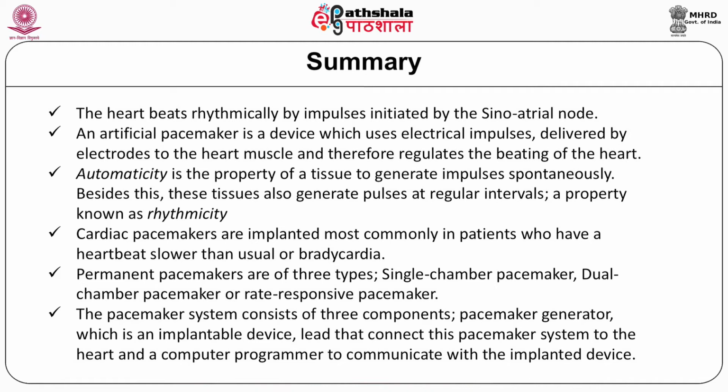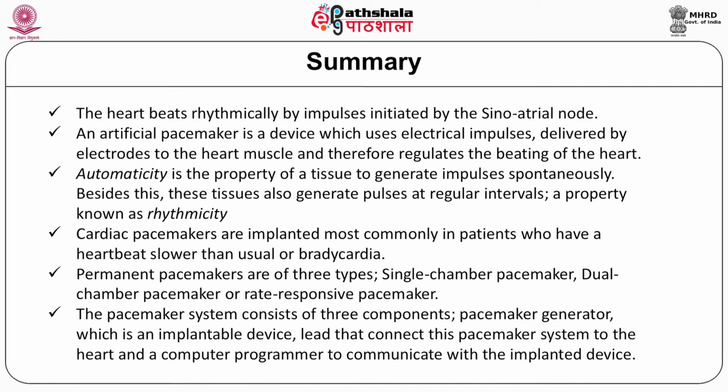Besides this, these tissues also generate pulses at regular intervals, a property known as rhythmicity. The instability of the resting membrane potential in the cardiac tissue generates automaticity, and the repetition of this cycle causes its rhythm.